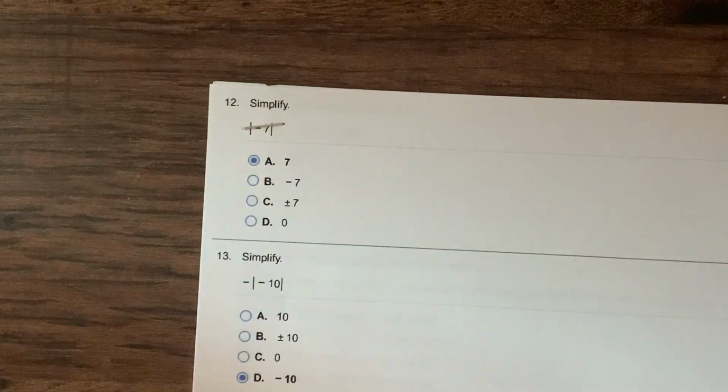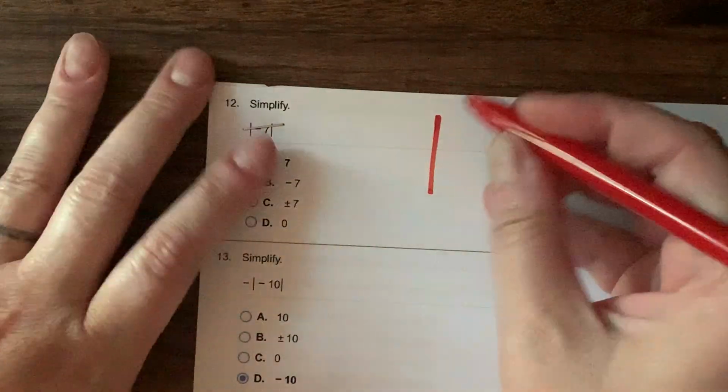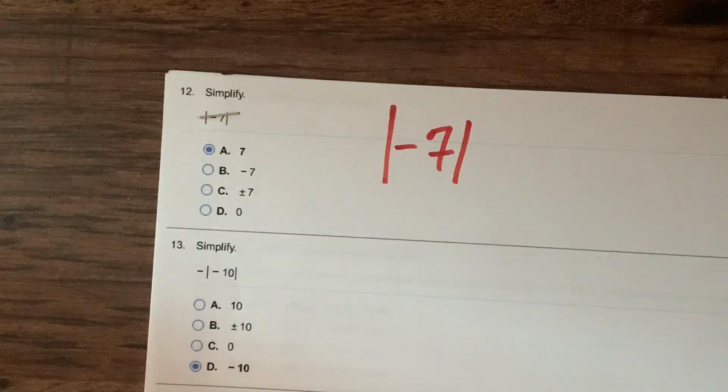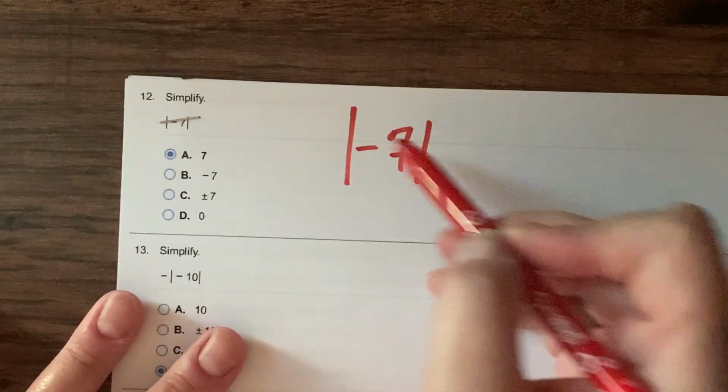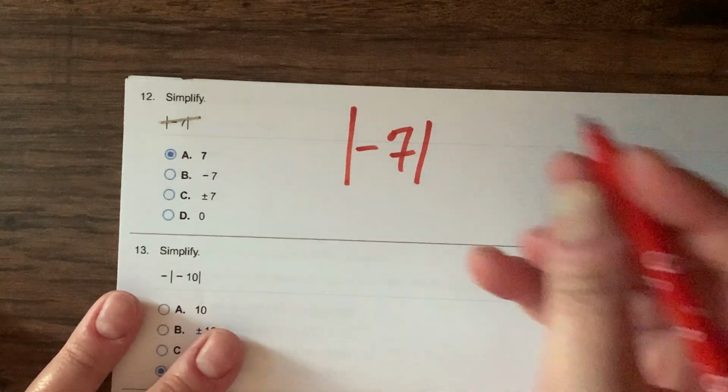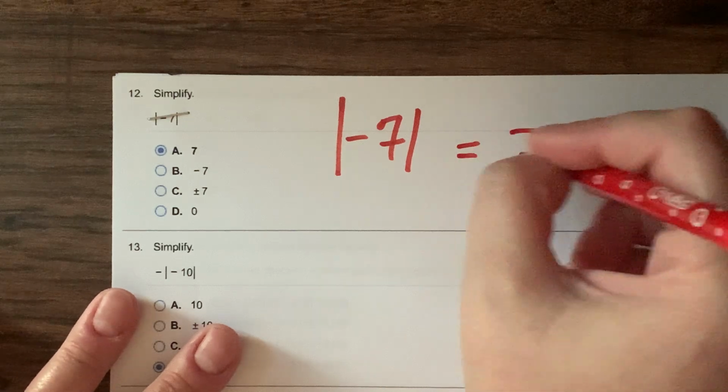Okay, let's look at number 7. There's an absolute value. It says absolute value of -7. Well, remember, absolute value is the number of units or number of tick marks away from 0. So how many tick marks do you think this number is going to be away from 0? 27? No, probably just 7. Yep, that's it.